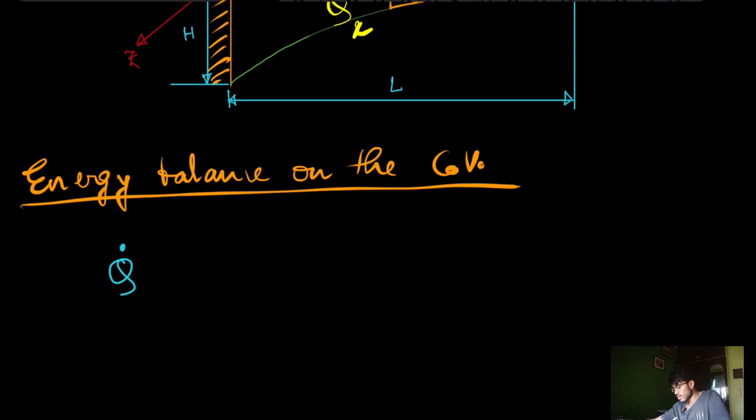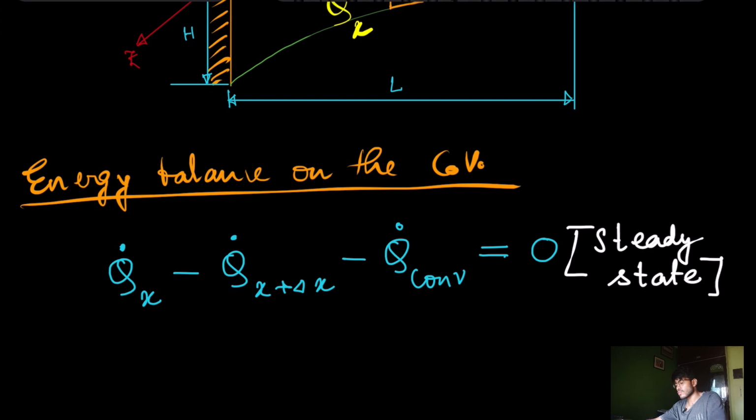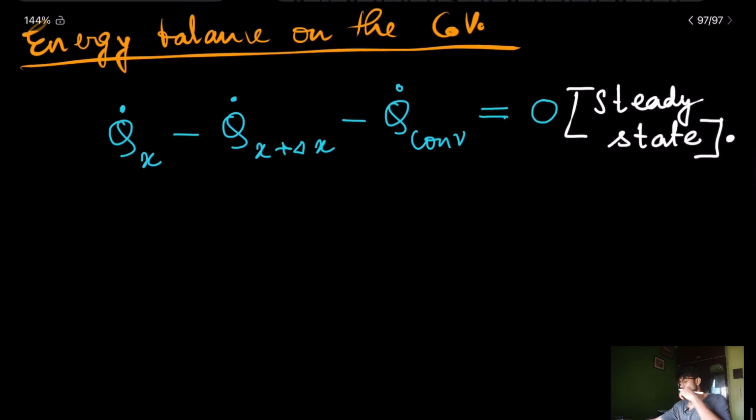Energy that is going in, minus energy that is going out, minus again energy that is going out by convection, equals 0. When will it be equal to 0? If it is steady state. So we are assuming a steady state temperature profile, and there is no heat generation.